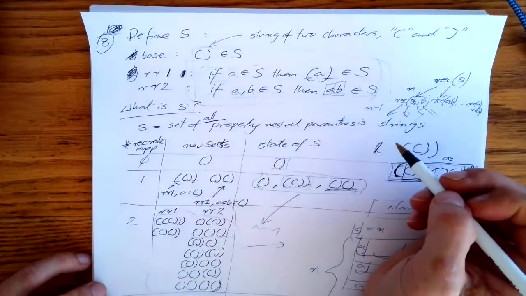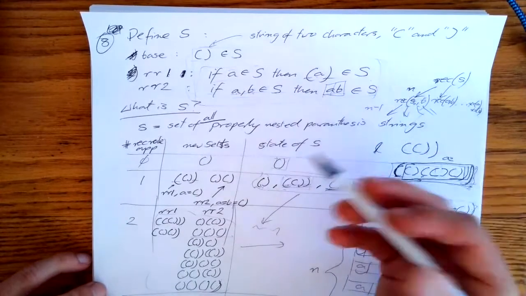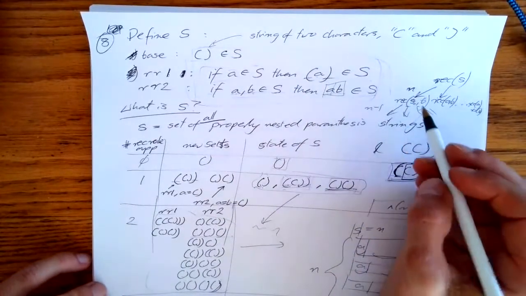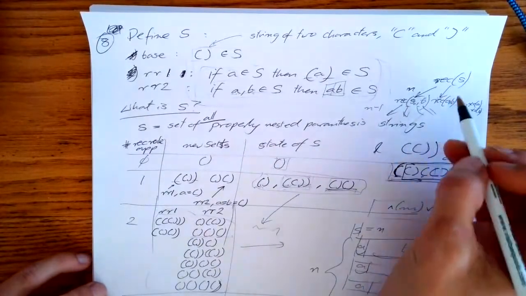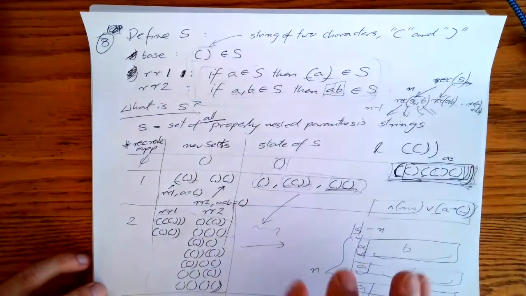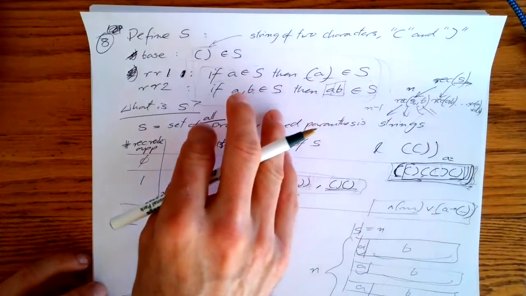A lot. Kind of n factorial, right? Okay, that's not good because that's exponential in the length of the formula.